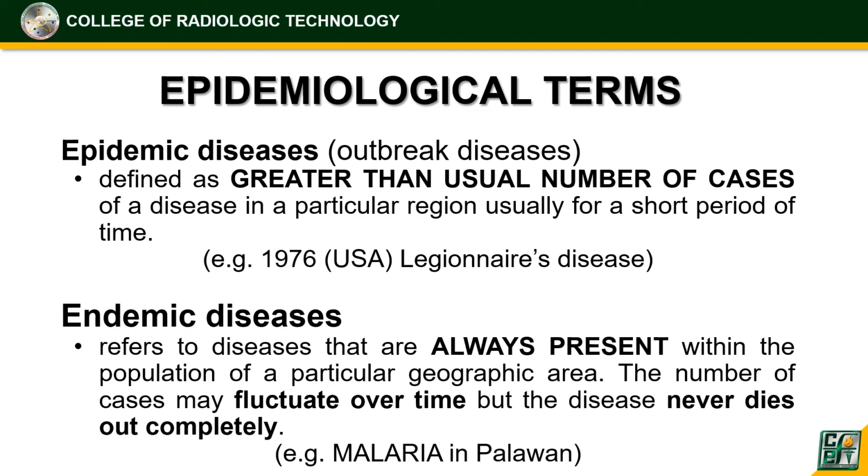On the other hand, the term endemic diseases refers to the diseases that are always present within the population of a particular geographic area. The number of cases may fluctuate over time, but the disease never dies out completely. An example of this is malaria in Palawan.